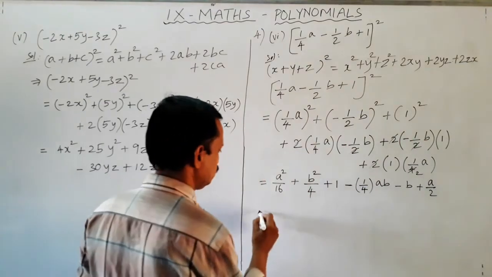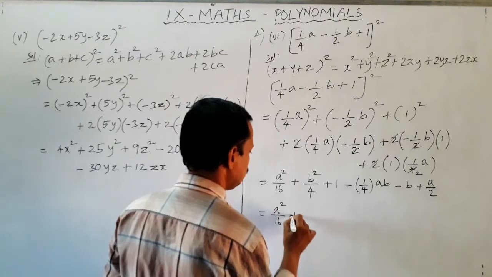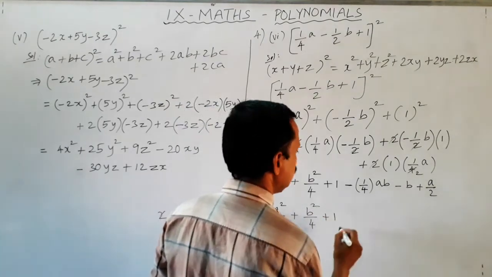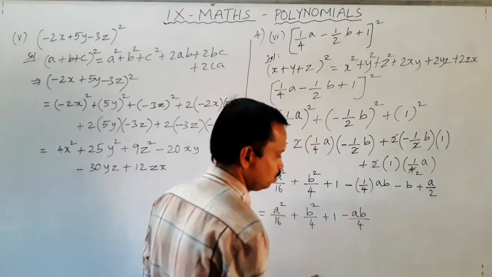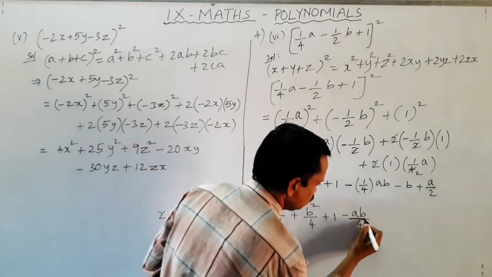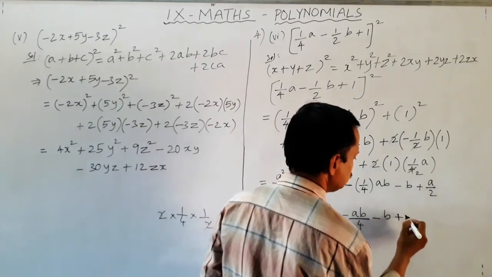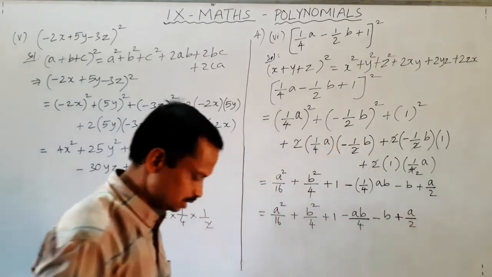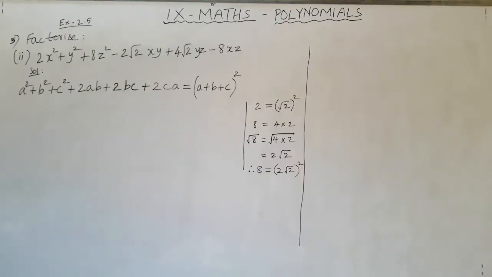So in the last step we can write as a square by 16 plus b square by 4 plus 1 minus ab by 4. Clear? And then minus b. This is plus a by 2. That's all. So this is the final answer of this one.